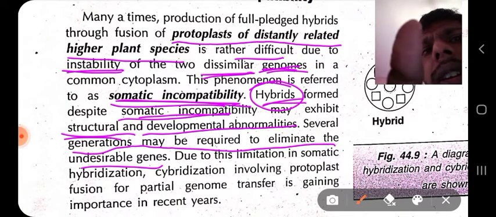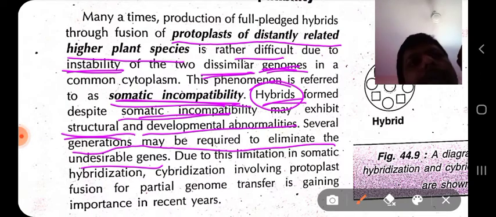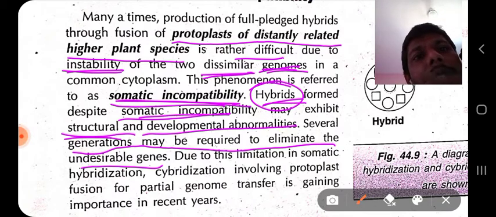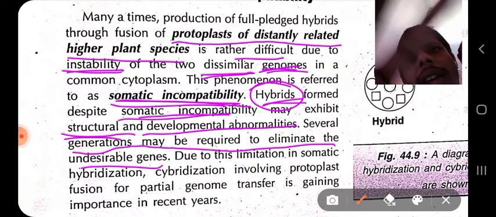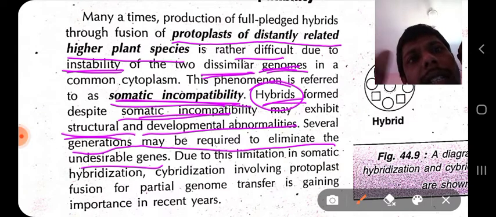So the hybridization technique is not fully successful because of this somatic incompatibility, because the genomes are not compatible, the genomes are dissimilar. That is why one of the genomes will remain in the cell, while the other genome will almost get erased during the successive mitotic divisions.